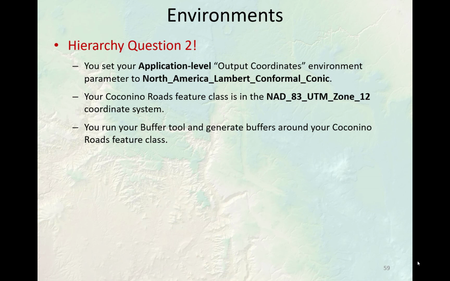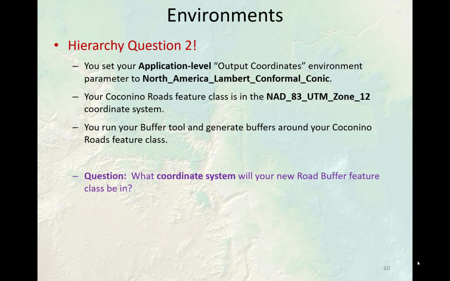We run the buffer tool. What coordinate system will the new buffer feature class be in? And the clue is that we've set an application level environmental setting. So hopefully it is obvious to you what the coordinate system of the new feature class will be, because application level overrides whatever the original coordinate system of the data was.